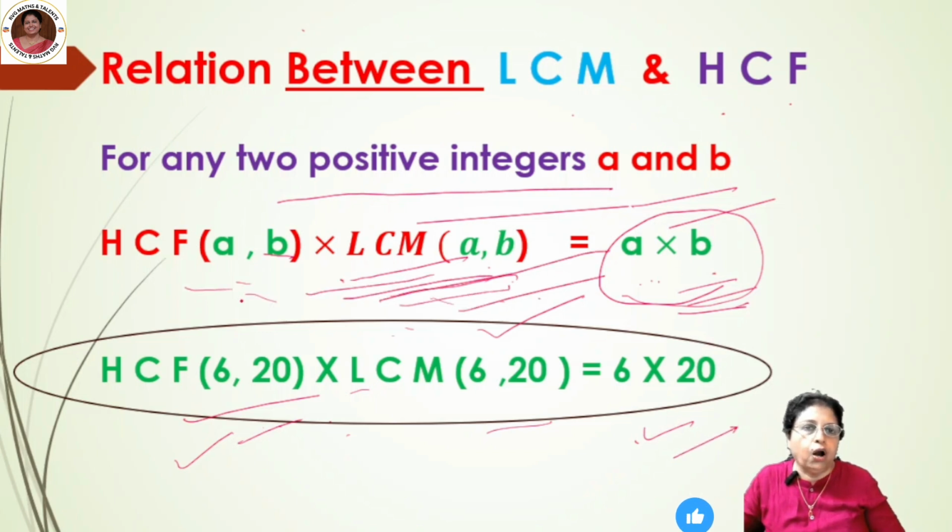The product of HCF of A, B and LCM of A, B will be equal to the product of the numbers. Have you understood this?